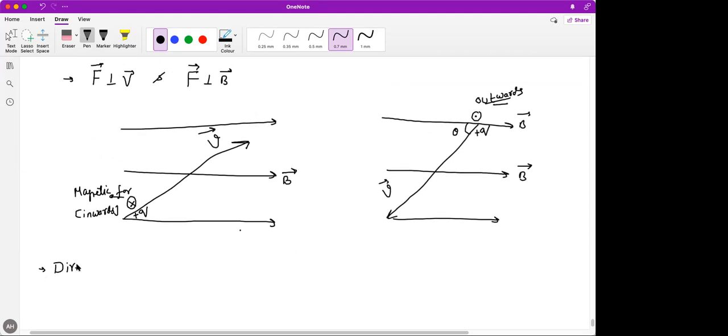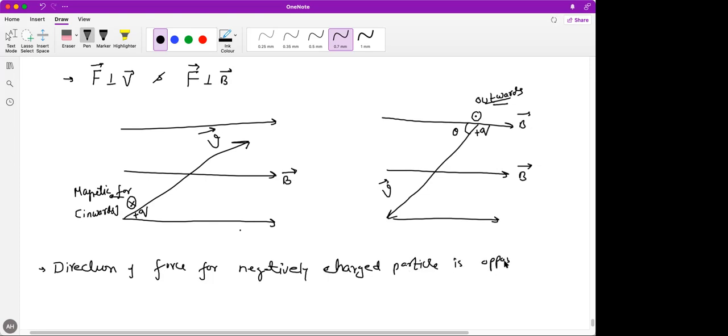Direction of force for negatively charged particle is opposite to the one obtained through right hand thumb rule.